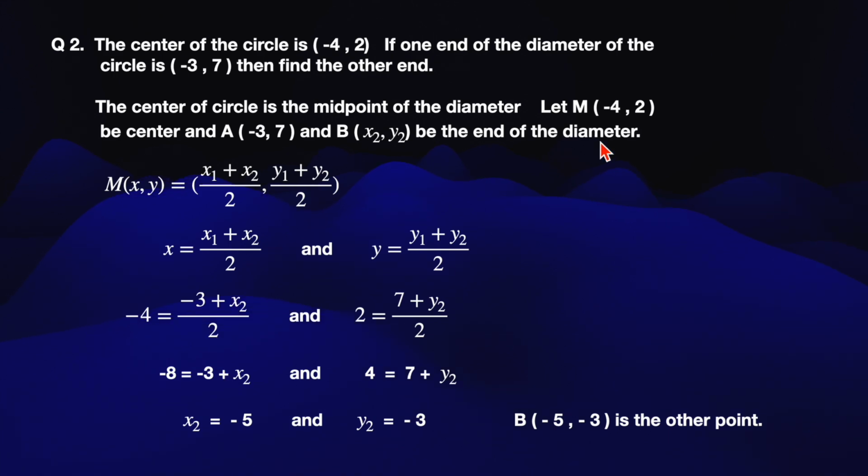Similarly here, y1 is 7. y2, leave it as it is, upon 2. Now simplify this, you will get the values of x2 and y2. So the point is minus 5, minus 3. So the 2 points are A and B, and the midpoint is this.